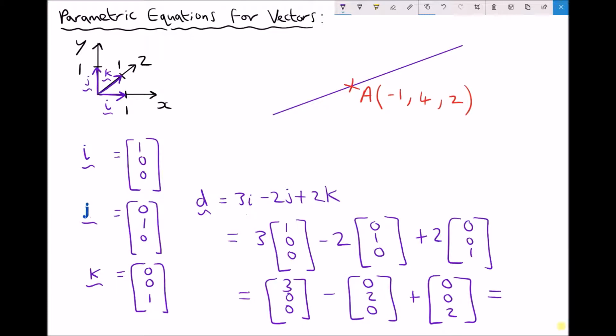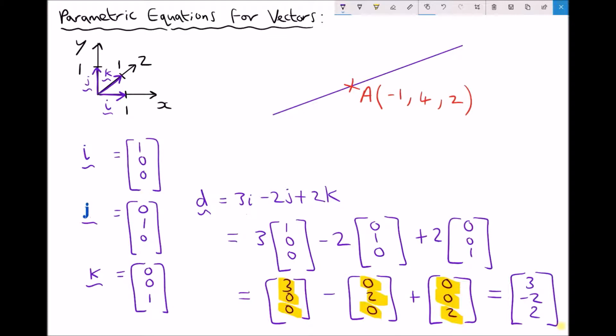Now we can combine all of that into our final vector, adding all of our x components. We've got 3 minus 0 plus 0, which is just 3. Our y components are 0 minus 2 plus 0. And our z components are 0 minus 0 plus 2. Therefore, our final vector is just 3, minus 2, 2.